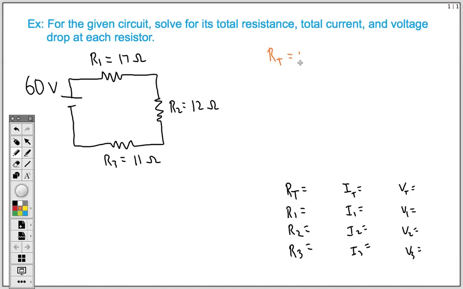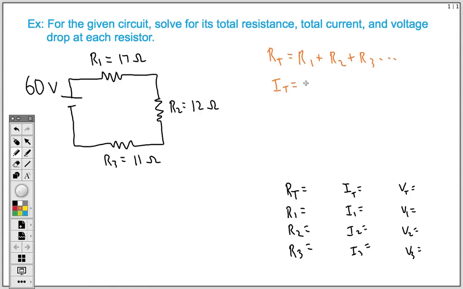The way that we show this mathematically is R1 plus R2 plus R3, and if you have more, it's the same thing. You just add them all up. Now to solve for total current in a series circuit, because there's only one path for electricity to flow, at each resistor the current stays the same.